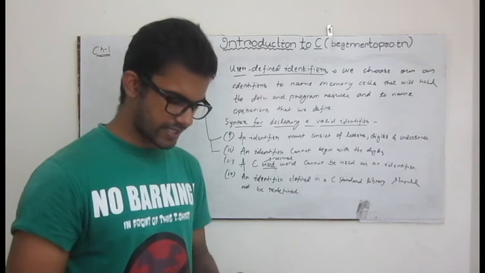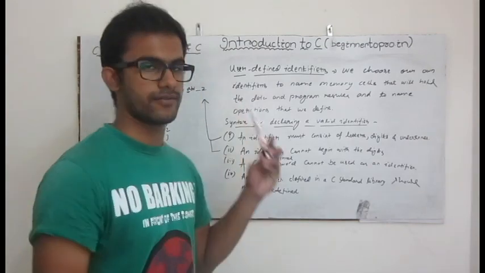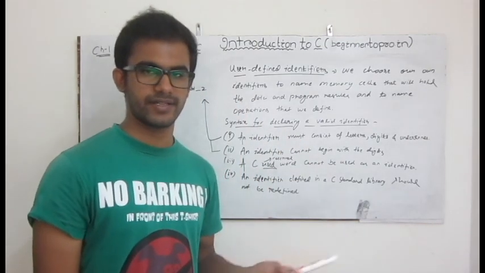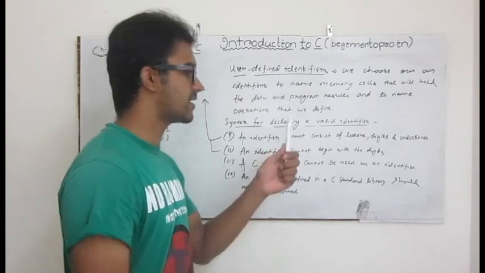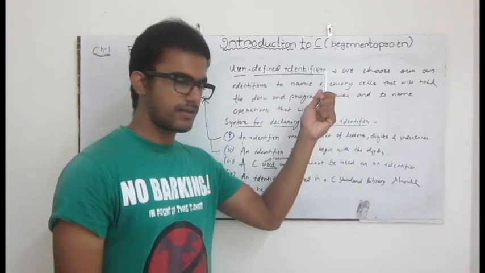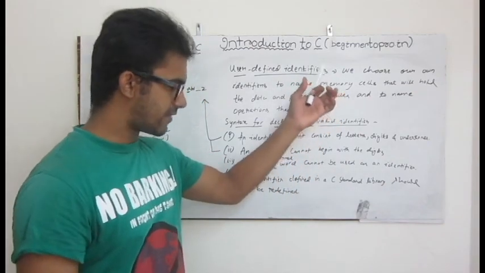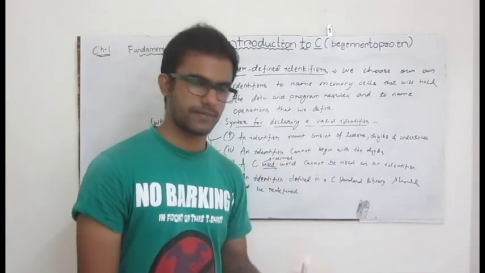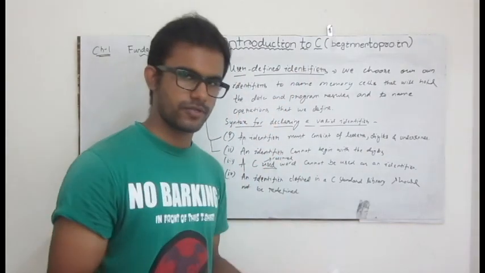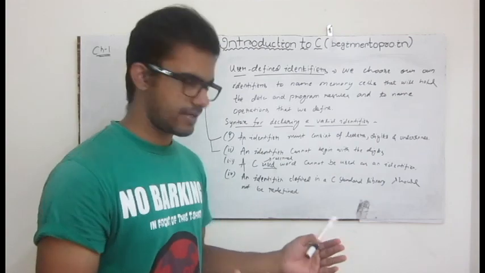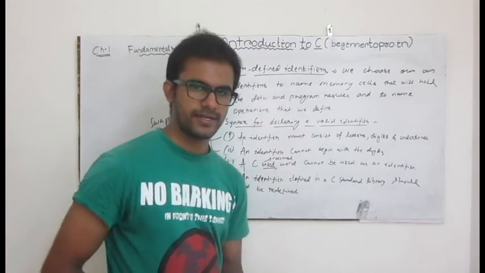Because we are declaring in the first line, we are using a preprocessor directive to access the library function and bring that library function into the C program. So automatically that value will override your defined value.